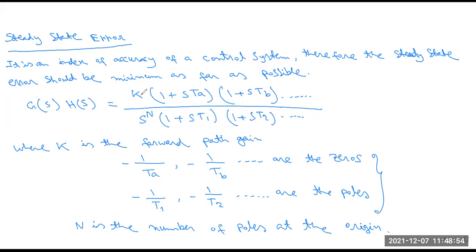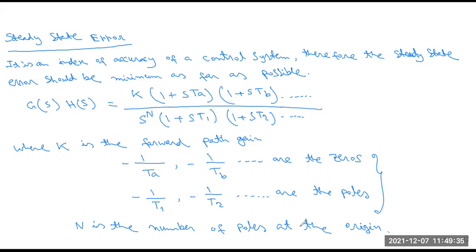TA and TB give the zeros of the transfer function, that is minus 1 by TA and minus 1 by TB, and minus 1 by T1 and minus 1 by T2 are the poles.